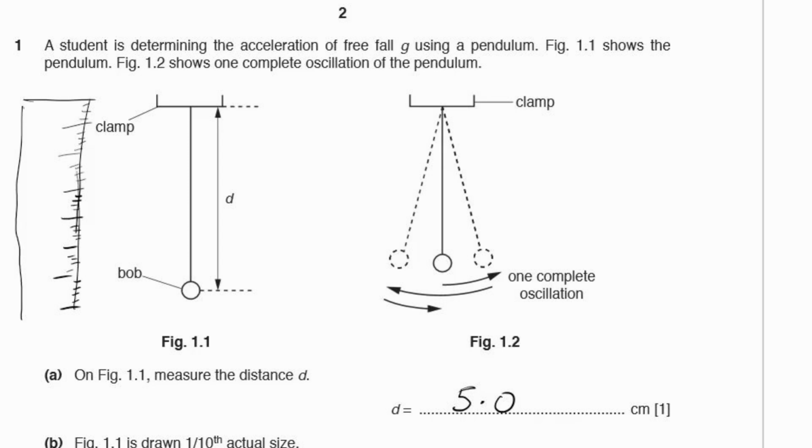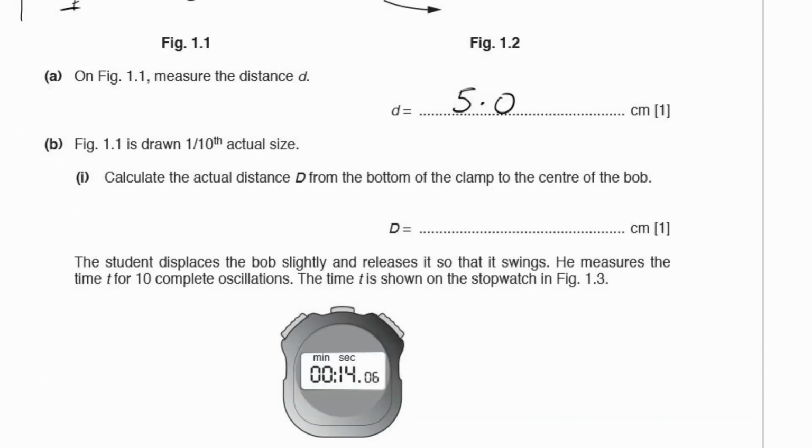So when you print it off at home, you'll get a slightly different size to the one that they've printed off at the exam board and sent out to the different schools. So just be aware of that. Anything that involves measuring the distance physically on the paper will probably give you a slightly different answer.